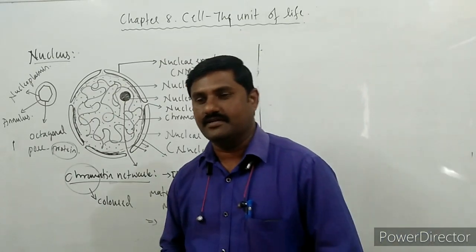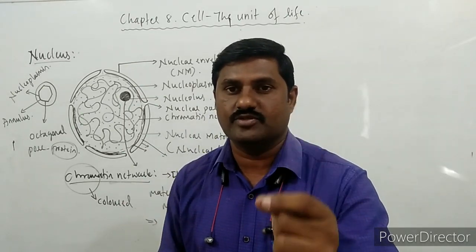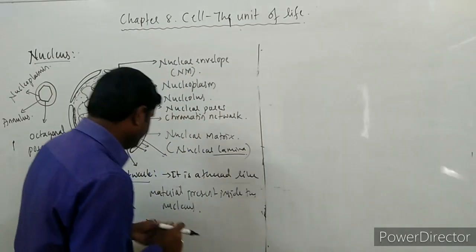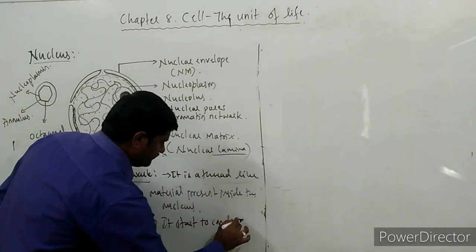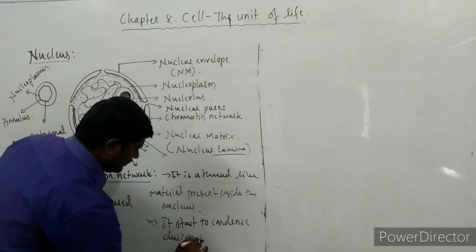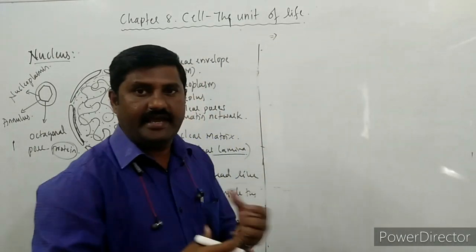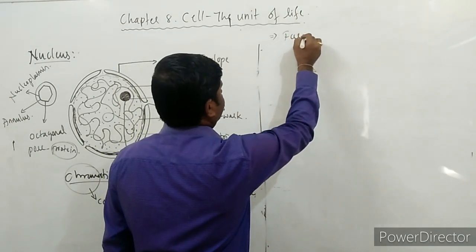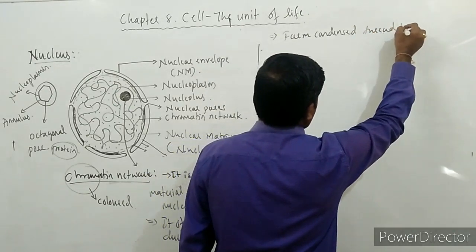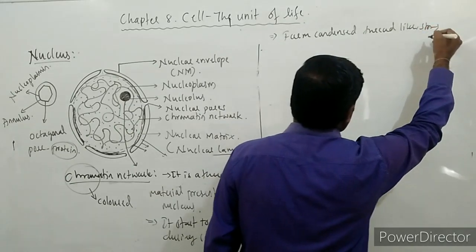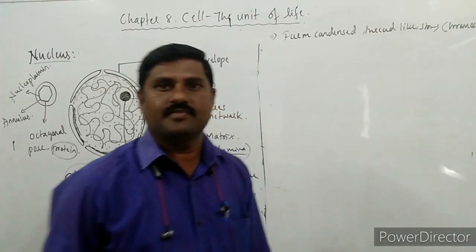In the nuclear division, this chromatin network starts to condense so as to form very condensed thread-like structures, and those thread-like structures are called chromosomes. Already I have mentioned this in the previous classes, right?